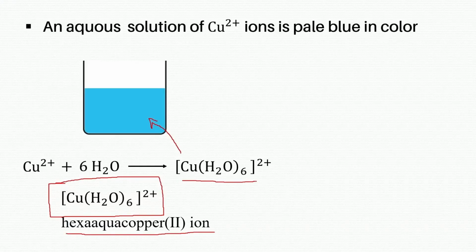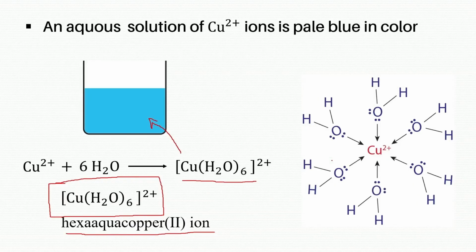Okay, now we are going to see the shape and the structure of this complex ion. This is the structure of hexaaquacopper(II) ion. Its shape is octahedral. You can see that this is the central metal cation Cu2+ ion.